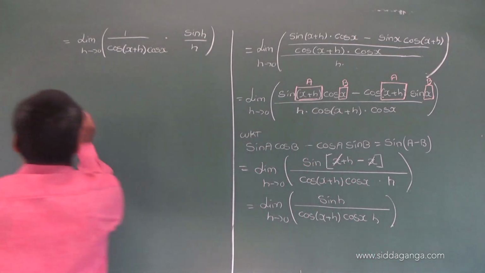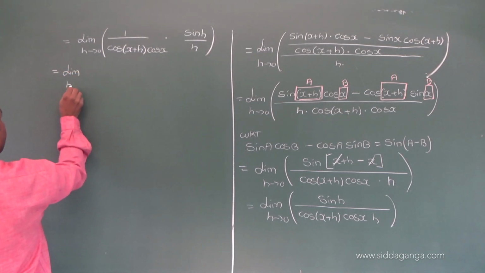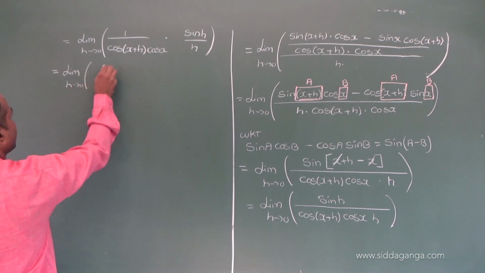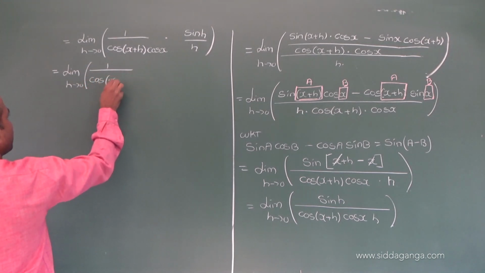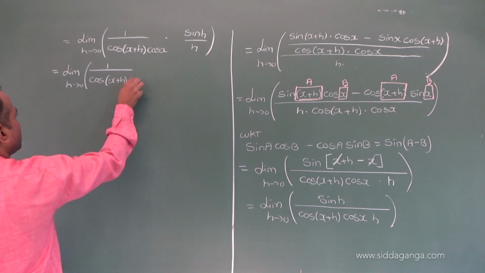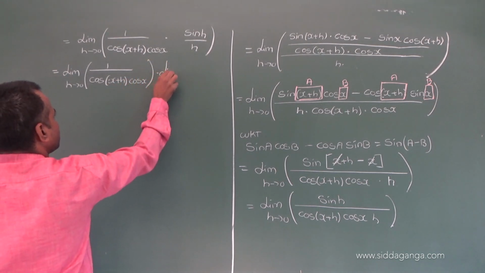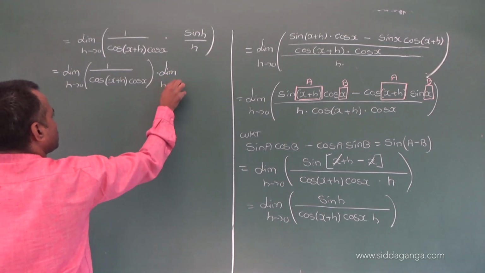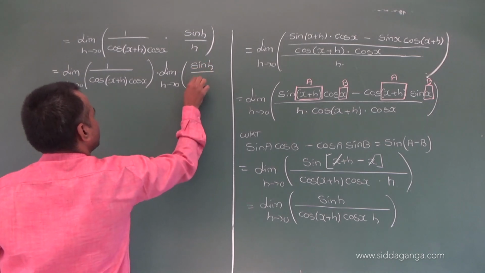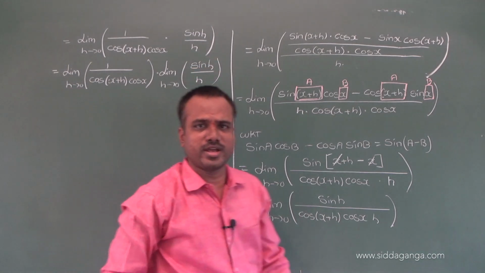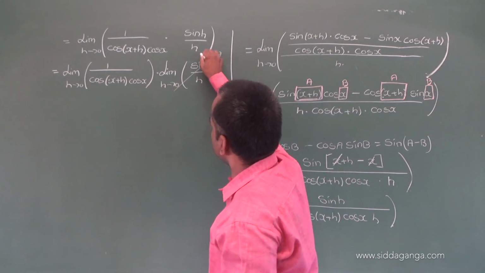Separate limit we apply. Limit h tends to 0, 1 divided by cos x plus h into cos x, and one limit h tends to 0, sin h divided by h. What will happen? This is 1.